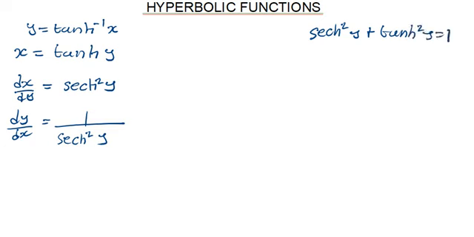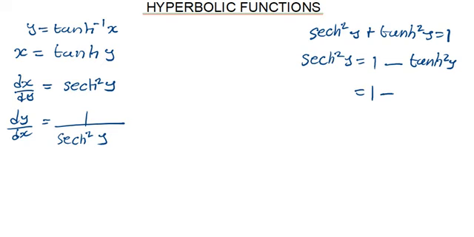So if we make hyperbolic secant squared of y the subject of the formula, we get hyperbolic secant squared of y being equal to 1 minus hyperbolic tan squared of y. Before I even write the final expression, we know that x is equal to hyperbolic tan of y.